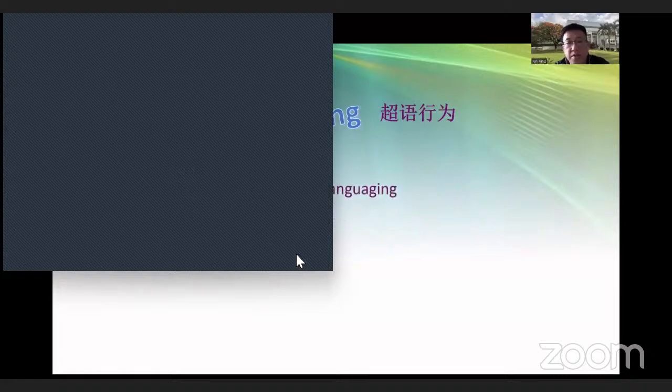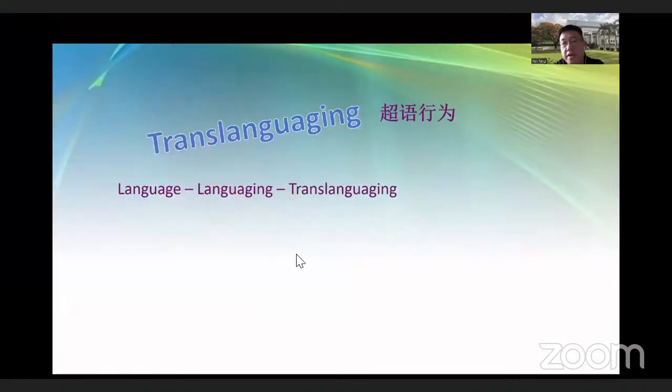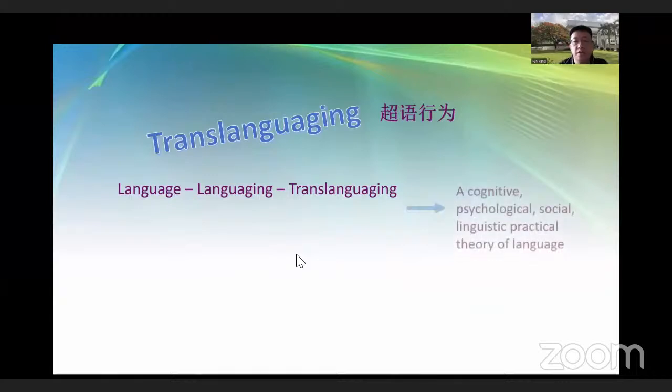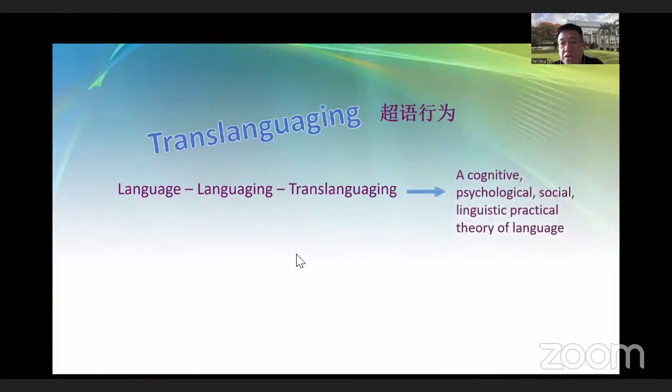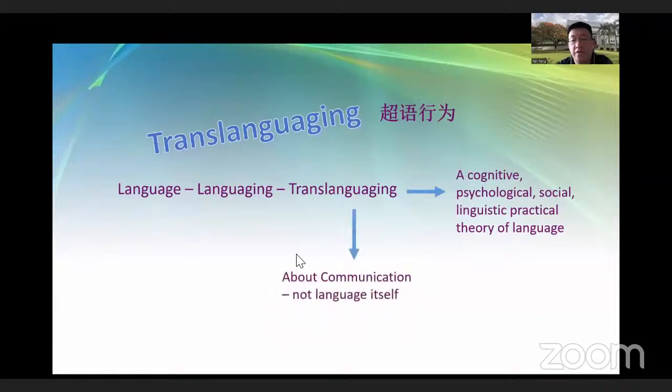So here goes translanguaging, started from language in a more fixed sense to languaging from a more dynamic perspective to translanguaging with various linguistic, semiotic, multimodal resources in communication. So it's a cognitive, psychological, social, linguistic, practical theory of language. So translanguaging focuses on communication, right?